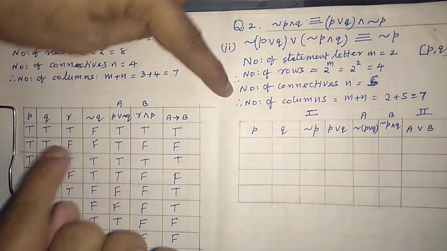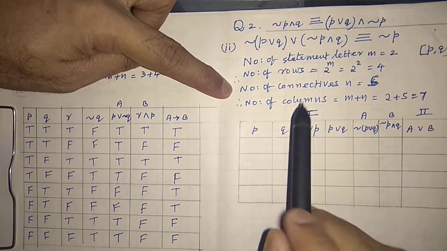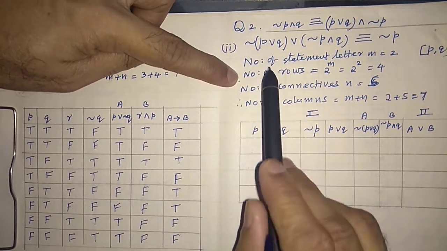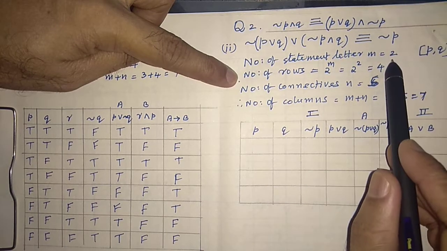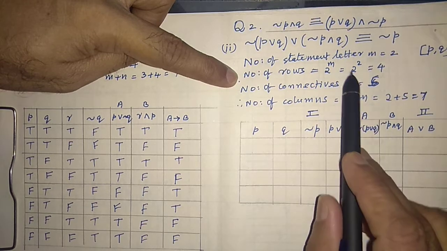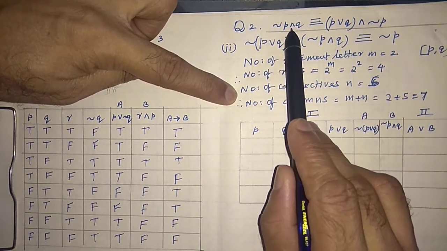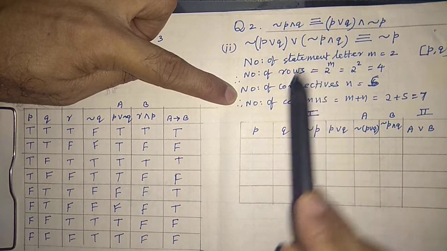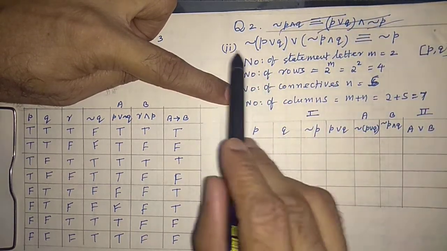Here this particular law is not fully applicable. Now see, statement letters P, Q only. So number of rows is 2 power 2, 4. Sorry, this is question number 1 I copied. This is question number 2.